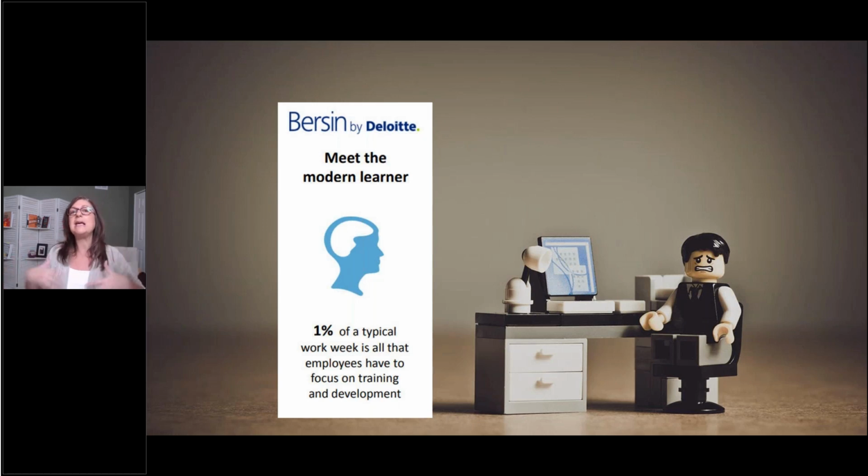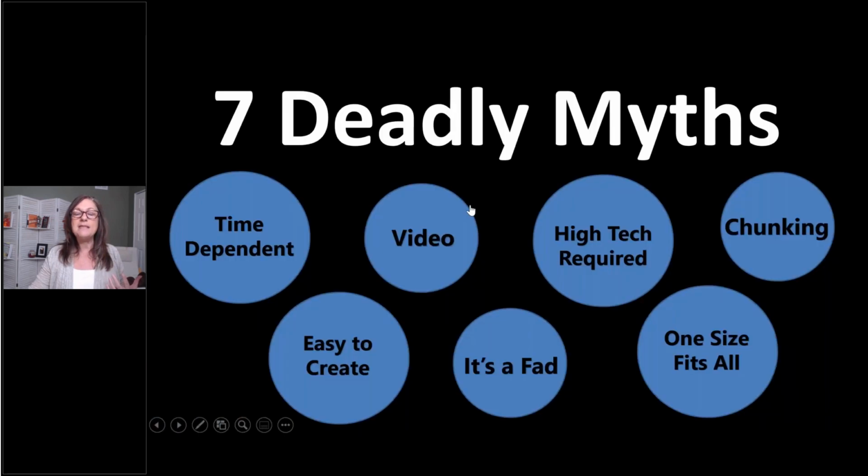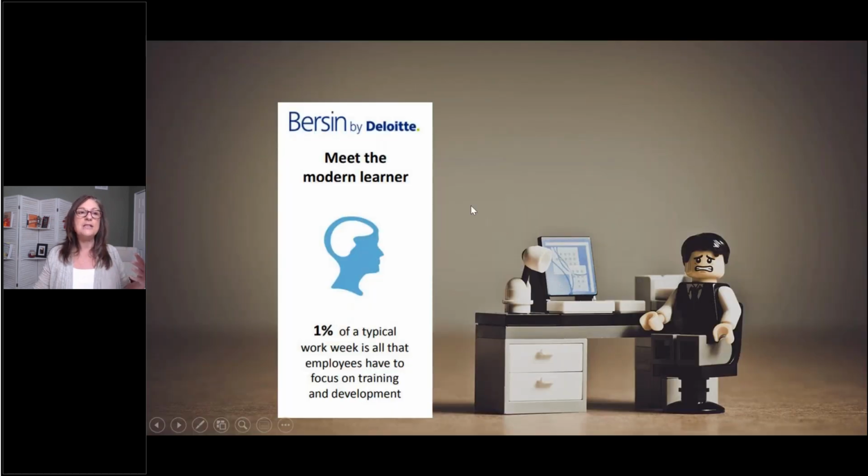So what does that mean for your microlearning efforts? Well, that means you have some pretty heavy duty competition. If I only have a scant 24 minutes, what am I going to do with that 24 minutes? That's the question. And typically the competition is baby goats on YouTube, right?